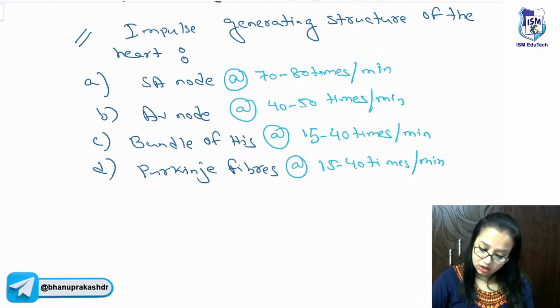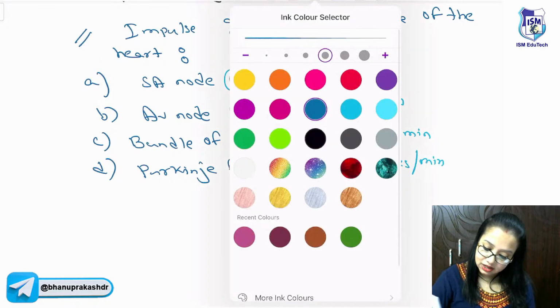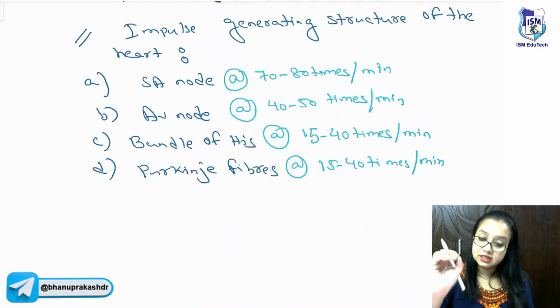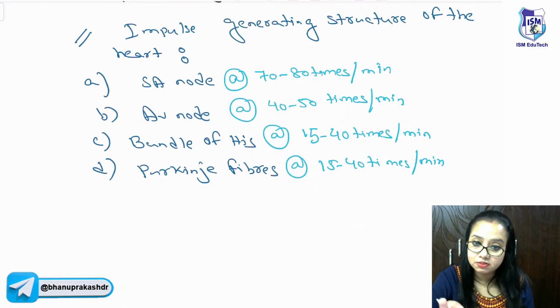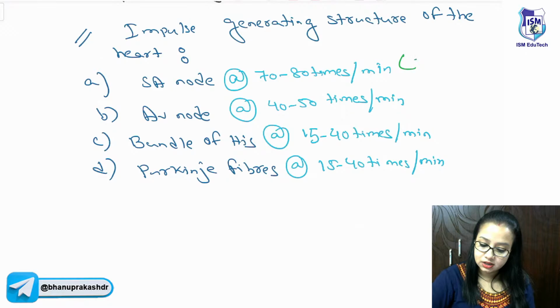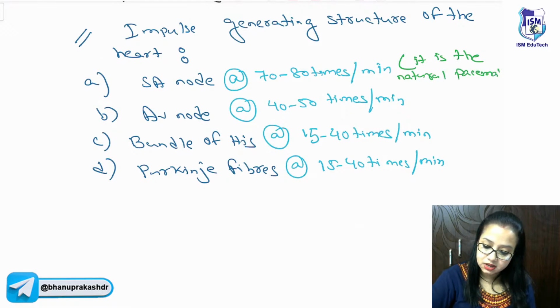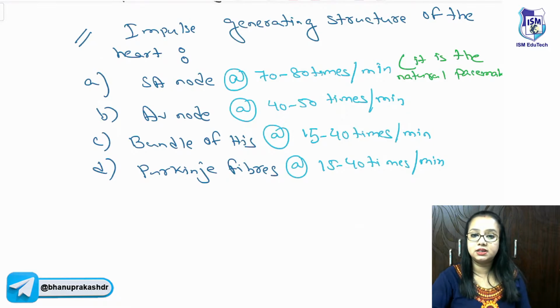Now, from all this, we can see it is the SA node that is firing the highest number of times. Therefore, it is the natural pacemaker of the heart.